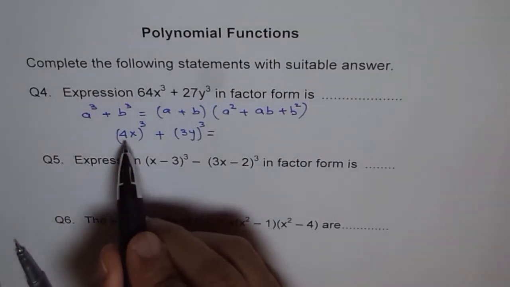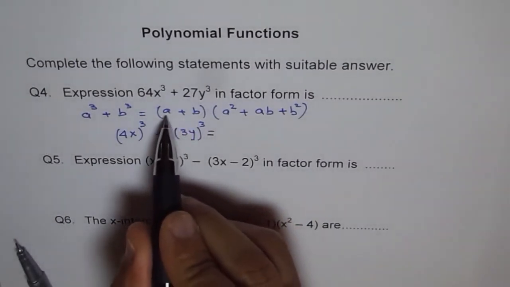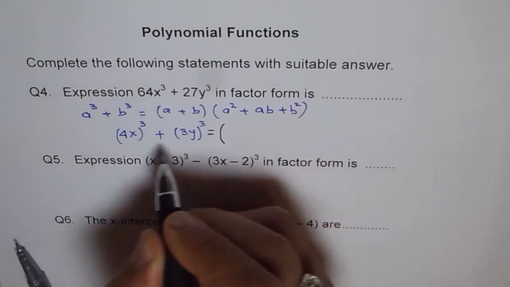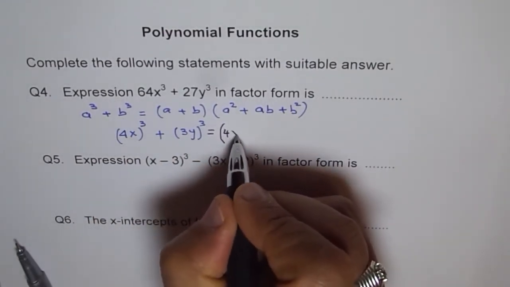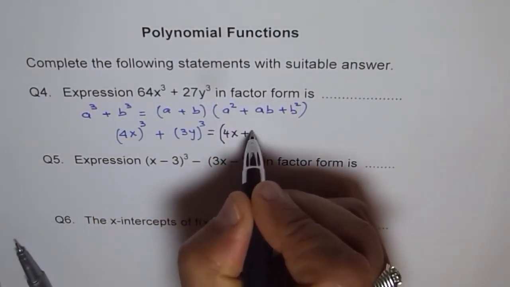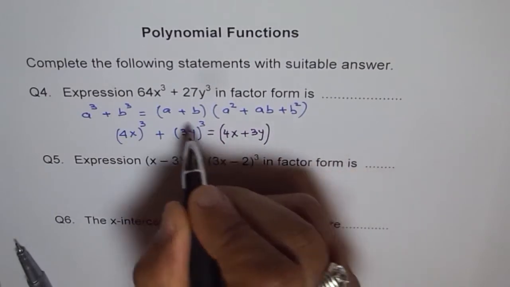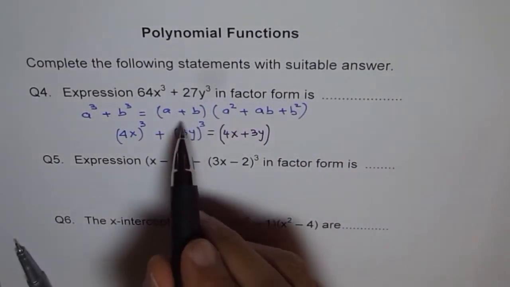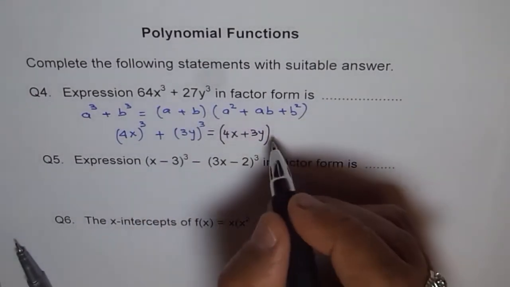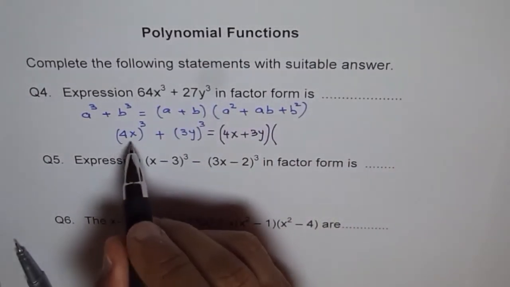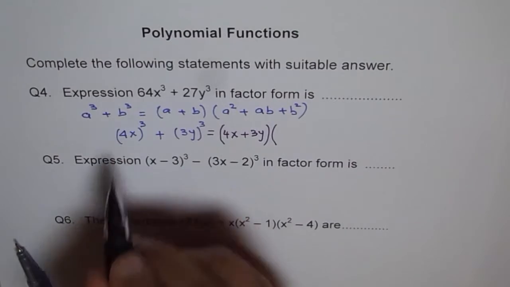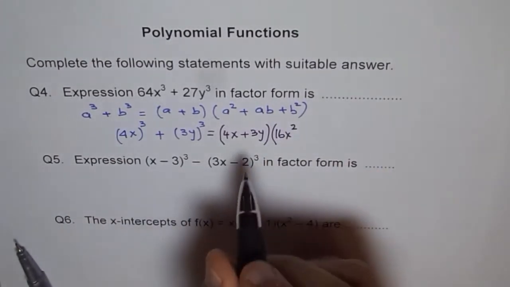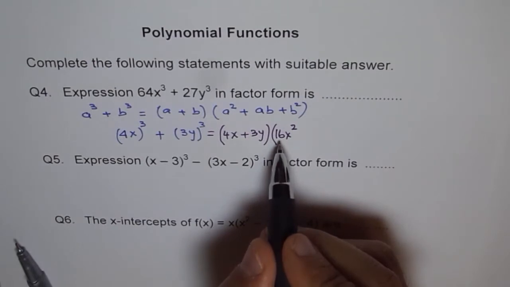So a is 4x and b is 3y. So a plus b is my first term. Therefore, I'll write here 4x plus 3y. That's my first factor, correct? It is factored form, we are multiplying this by that. The second factor is a square: the square of 4 is 16, so we'll write 16x square. Don't forget to square 4.